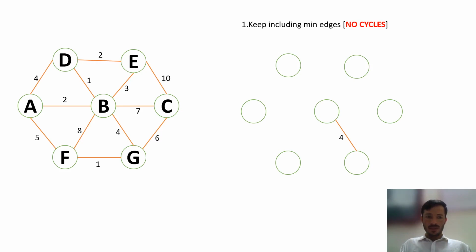In the given graph, first of all we have to draw all the vertices. Here we have A, B, C, D, E, F and G. So first of all we see the minimum edge, sorry, between the B and D vertices, which is 1.